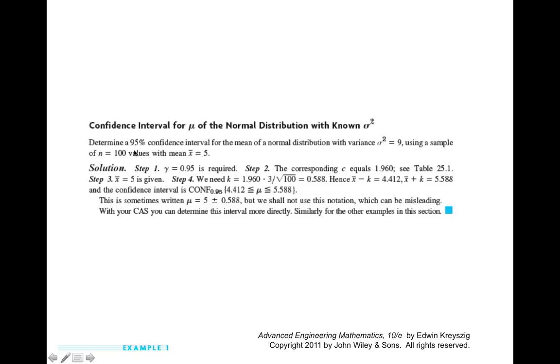So x bar, which was given as 5, x bar minus k is 4.412, x bar plus k is 5.588, and so now our confidence interval is that mu is going to lie between 4.412 and 5.588. So what does this mean? This means that we can say with 95% confidence that our population mean is going to lie between 4.412 and 5.588.